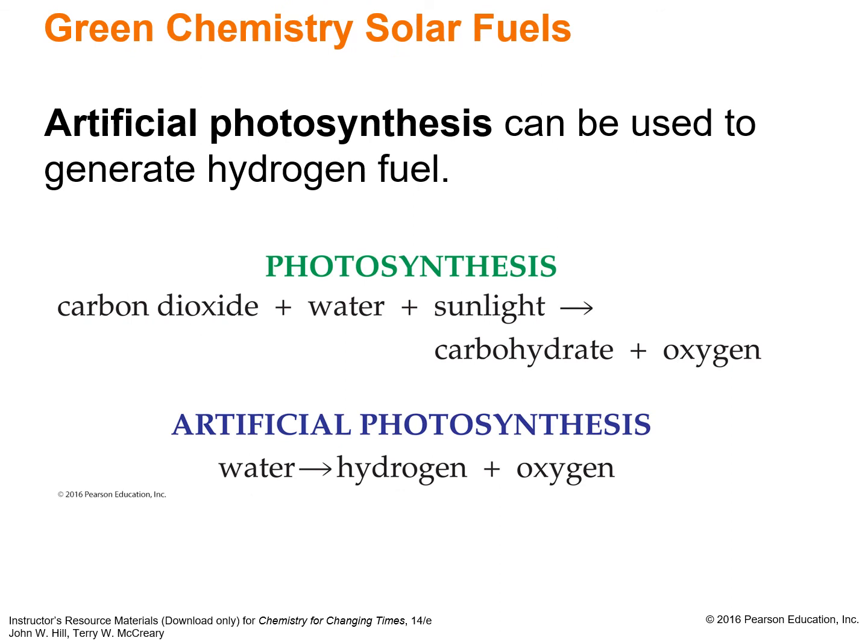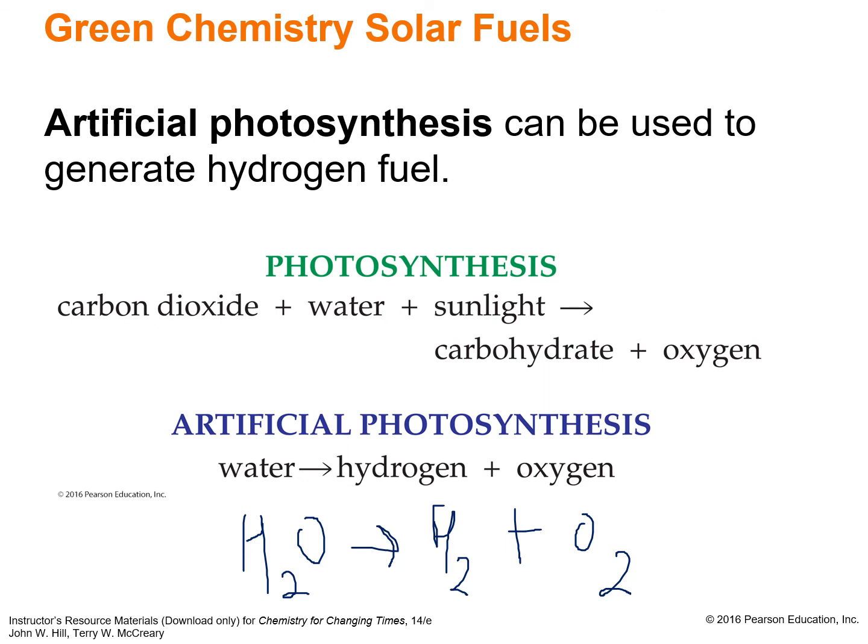So that's the natural chemistry, and then people can create an artificial photosynthesis reaction to generate hydrogen fuel. First is the photosynthesis reaction that I showed you 1 minute ago. I just put it together for you to compare. So in the artificial photosynthesis, you will have water split into hydrogen and oxygen. So H2O is split into H2, used as a hydrogen fuel, and O2, and then they balance the reaction.